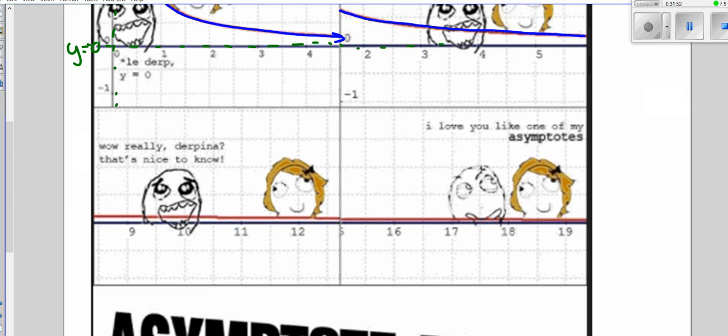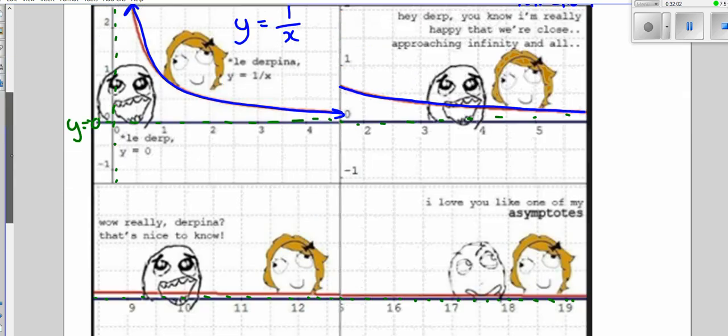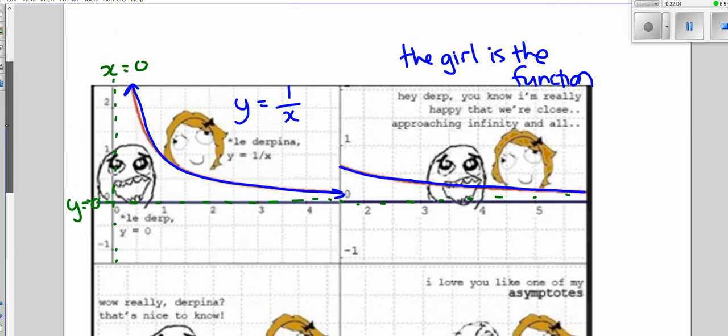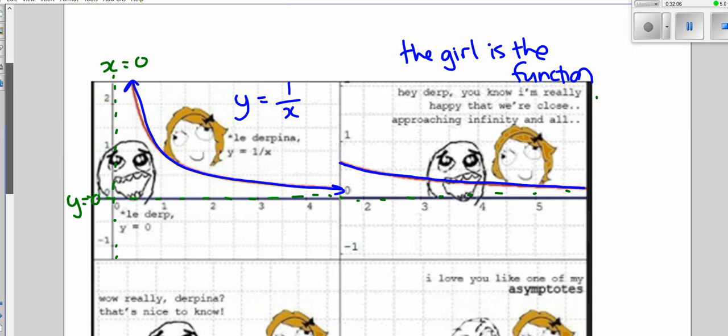I like you like one of my asymptotes. Mind you, she's got the asymptotes. So he's just kind of crawling along the asymptote. Girl is a function. The guy is like the x-axis, maybe you want to say, x-axis.